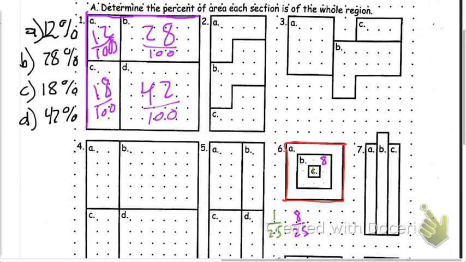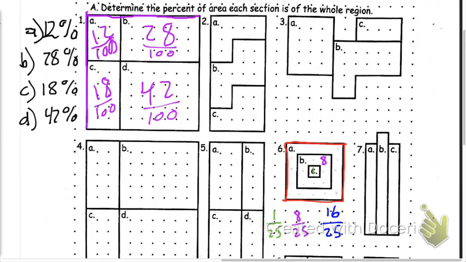And then we have 1, 2, 3, 4, 5, 6, 7, 8, 9, 10, 11, 12, 13, 14, 15, 16. 16 out of 25. Let me do that again. 16 out of 25. And now we just have to change to percentages.